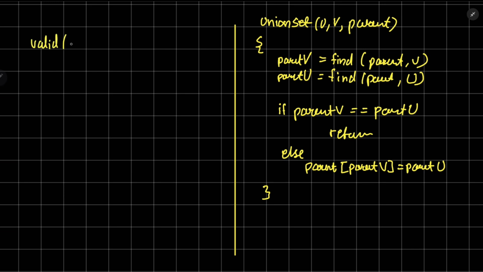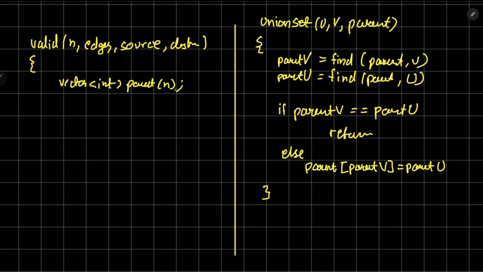The valid path function here has n, the edges, source and destination. So we will have one vector here, vector int parent. It will be of size n, and we will have to initialize this parent by itself.